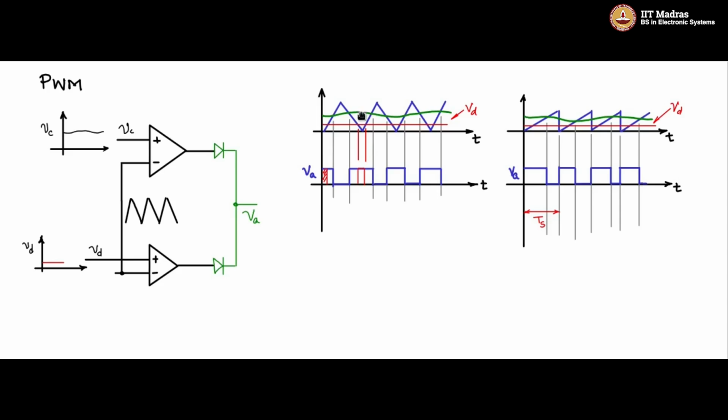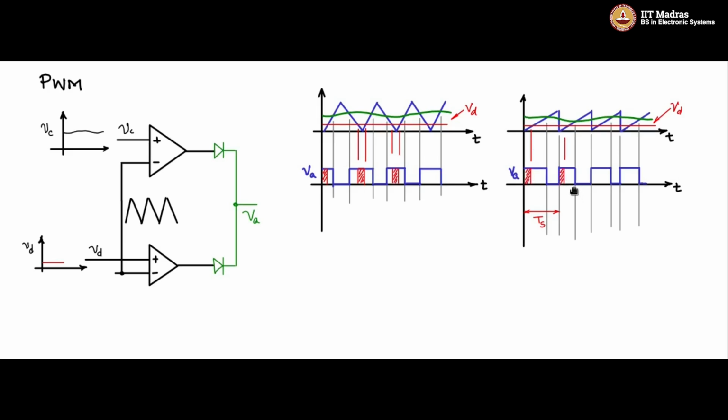Whenever the control signal Vc is higher than Vd, there is no issue, the operation is normal. When Vd becomes lesser than Vc, then what dominates is Vd, and Vd will dictate and it will issue a minimum pulse width command. So you will be assured of a minimum pulse width, and even in the sawtooth case, minimum pulse width is assured.